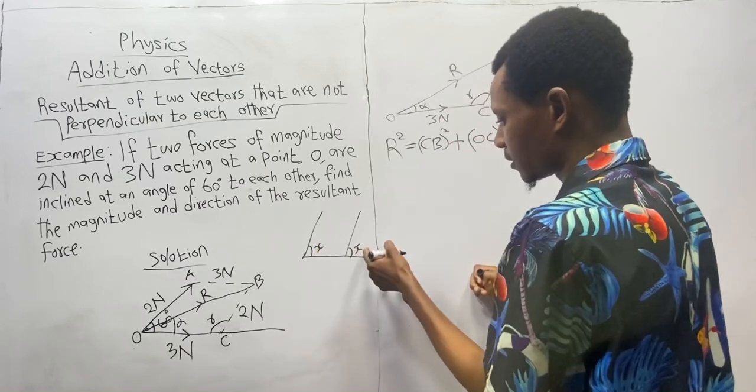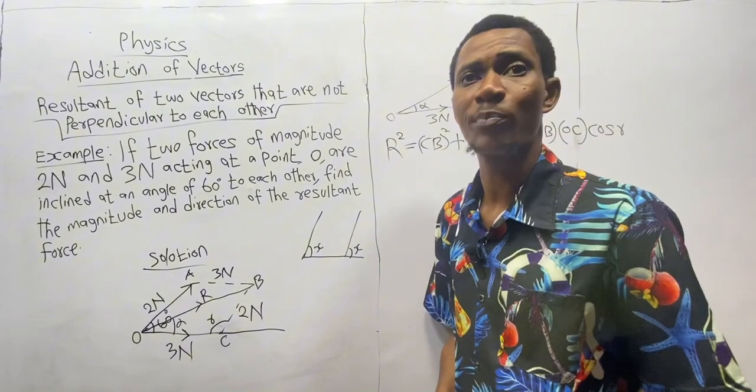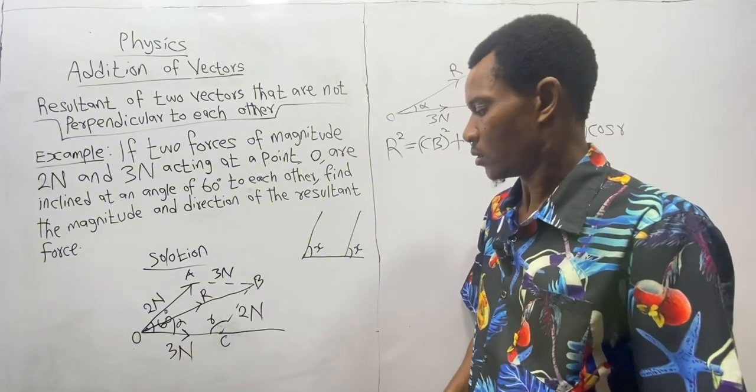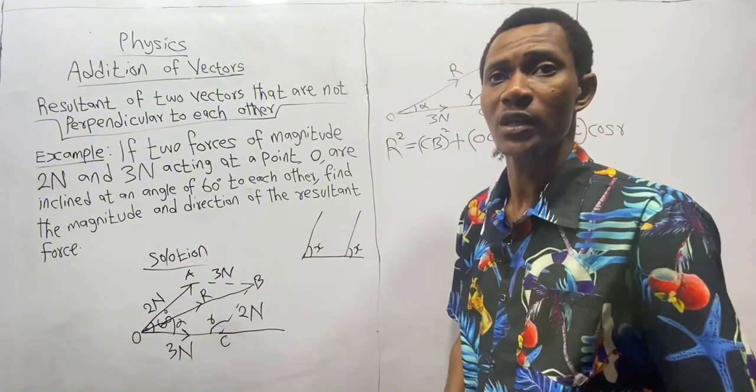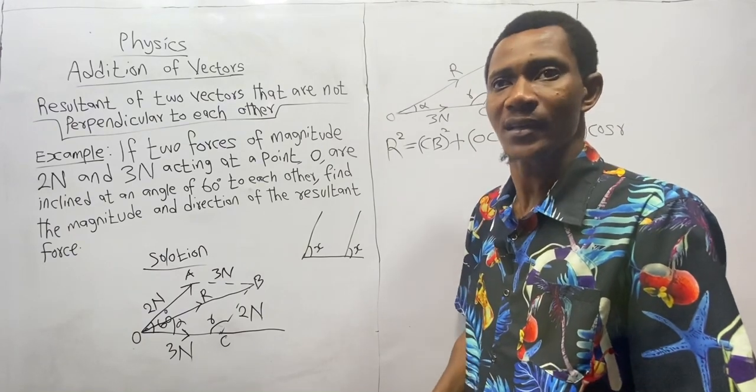So if here is x, here will be x. These two angles are called corresponding angles, and they are equal. So in mathematics, corresponding angles are equal.